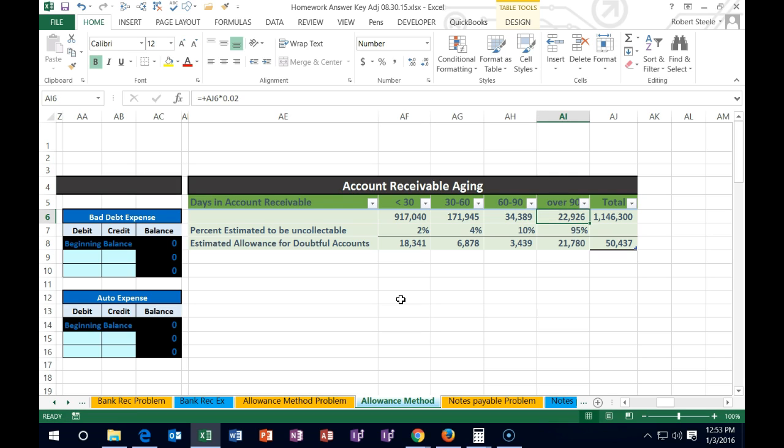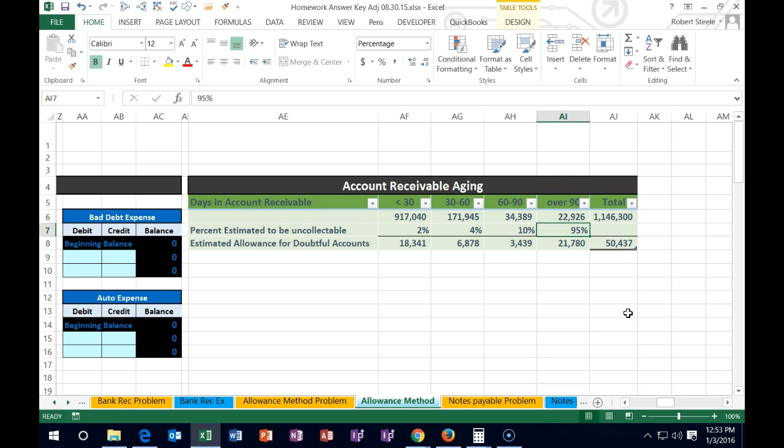If we broke out the data in this format and tied out the total receivables to the amount on the trial balance, 1,146,300, then we could come up with some kind of estimate. We would say, if it's still current, then we think that 2% will not be collected. The longer it stays outstanding, the higher the percent that we believe would not be collected. So we're going to say 4, 10, 95.